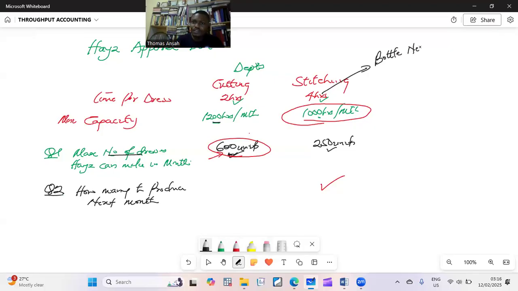It's like something is on you, you can't actually turn. So a bottleneck is the limiting factor. This one is the one with the lowest capacity. It makes your production the slowest.